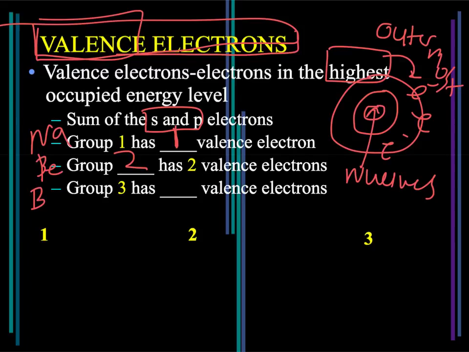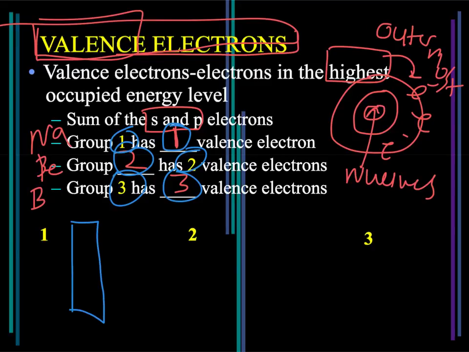You go all the way past the transition metals, and that's going to have 3. What you should see here is a pattern: 1, 2, 3, going with groups 1, 2, and 3. As you progress the group number, skipping over transition metals, you have 1, 2, 3, 4, 5, 6, 7, 8. I'll draw the periodic table kind of poorly here, just so you guys can see.